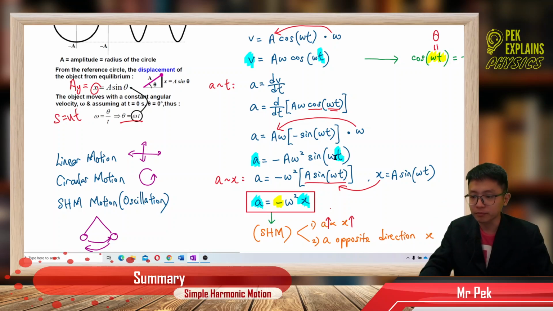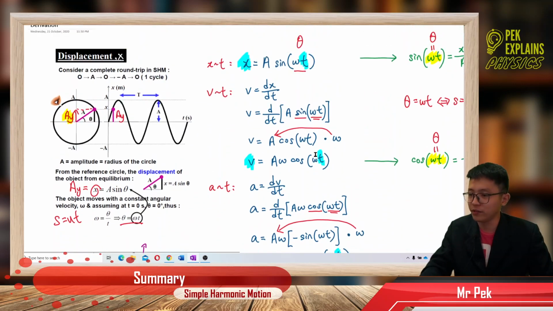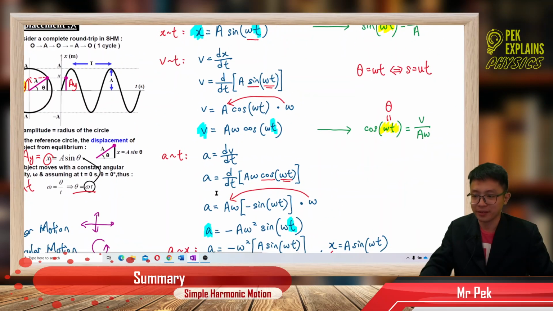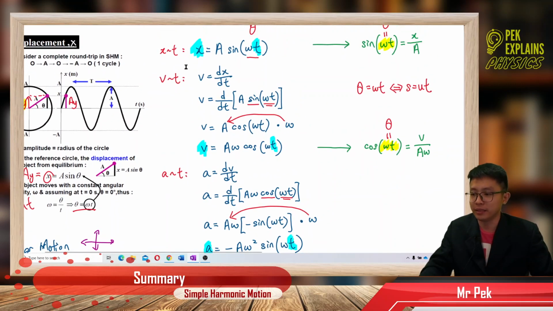So now we already got the three formulas: displacement, velocity, acceleration for simple harmonic motion. But these three are versus time: displacement time, velocity time, acceleration time.